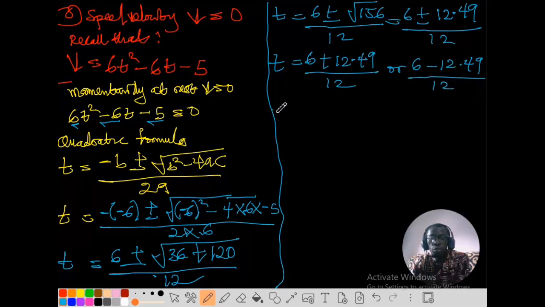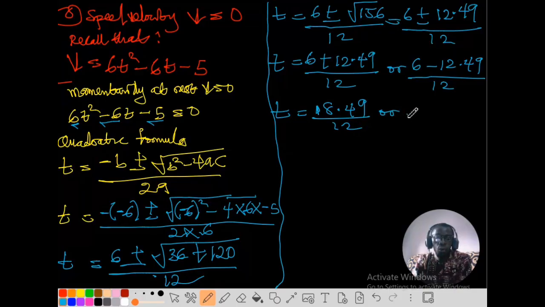The positive value gives the answer for the time. t will now be 6 plus 12.49, 18.49 over 12, or 6 minus 12.49, which is minus 6.49 over 12.